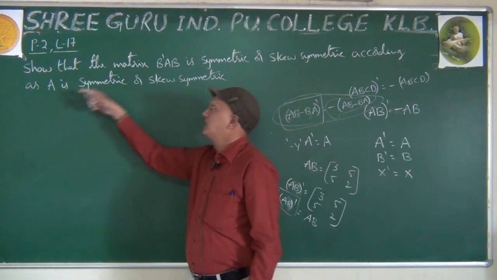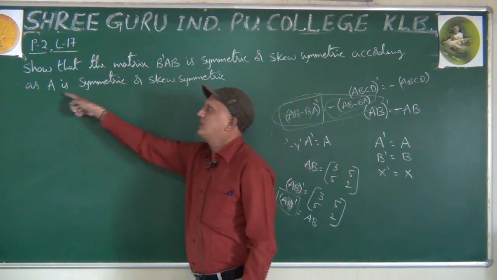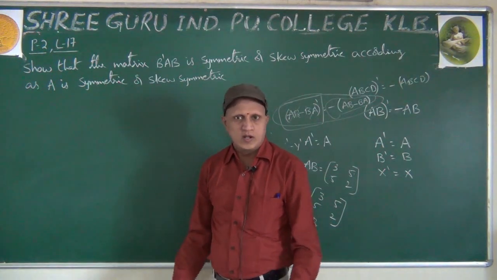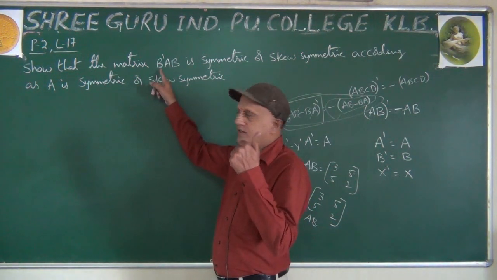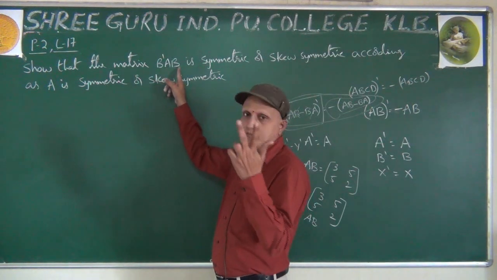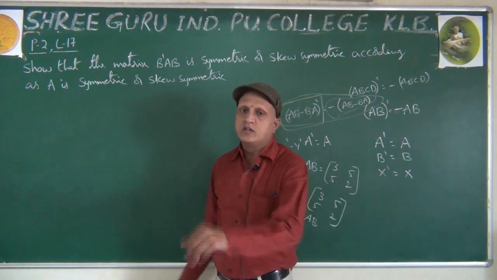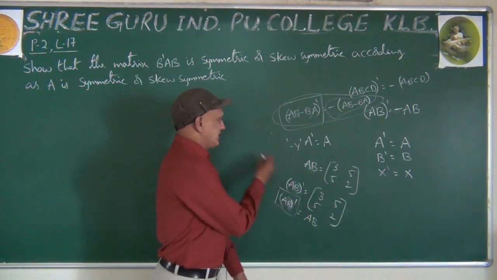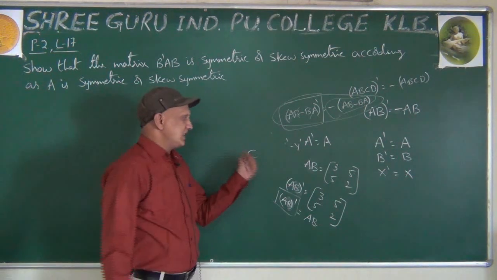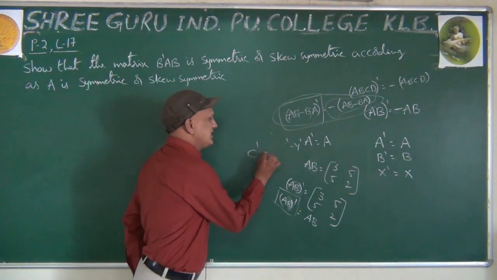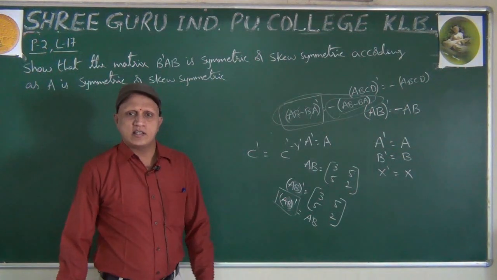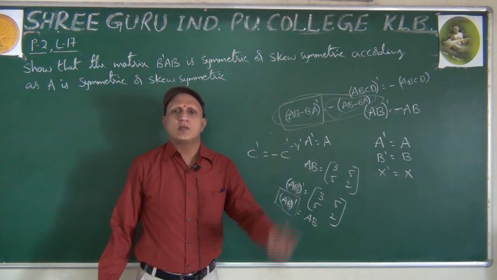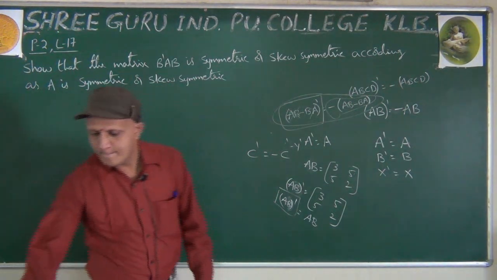B dash matrix, A matrix, B matrix, if you multiply all those three, we get another matrix. For example, consider it as C. How can we prove that C is symmetric? We have to find C dash. If the answer is C, it is symmetric. If the answer is minus C, then it is skew symmetric.